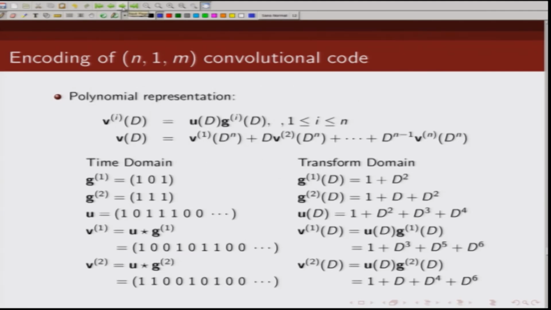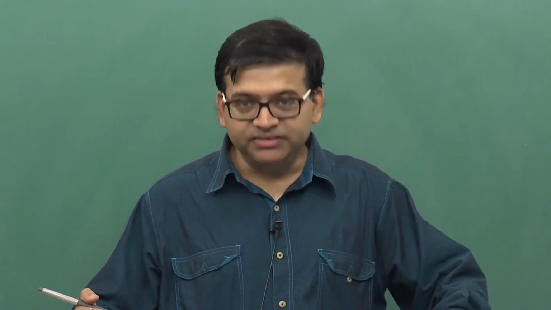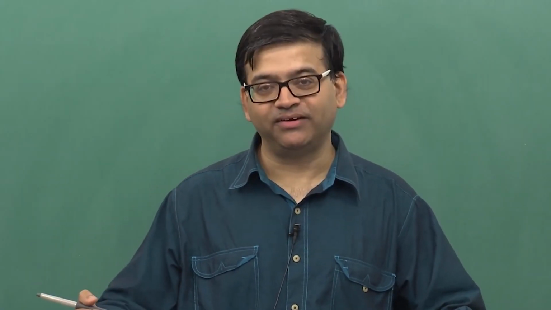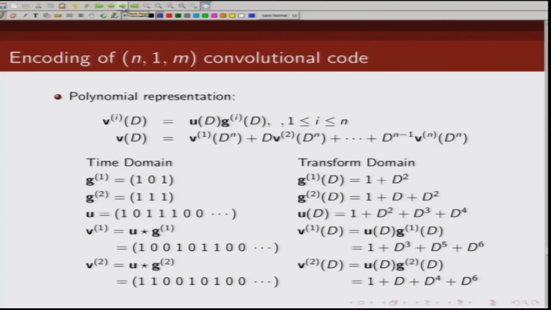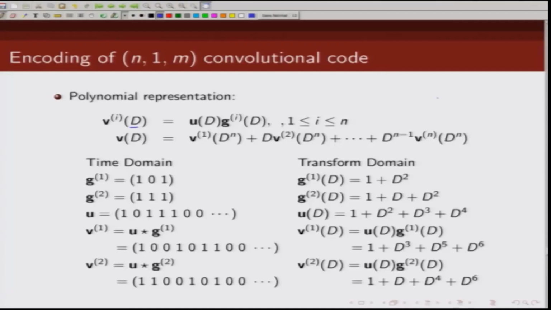Now, we are going to give you a polynomial representation of this generator sequence, which is very convenient in case of convolutional codes. So I am introducing a delay operator D. If you have one memory element delay, that will be D. If you have delay of 2, it will be D square. If you have delay of 3, you have D cube. So the exponent of D is going to specify how much delay.